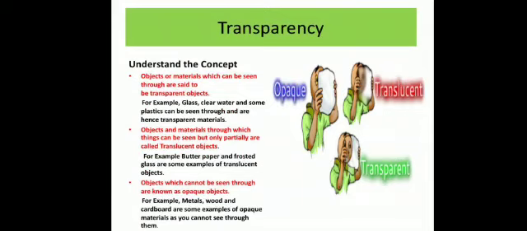The property of a material due to which we cannot see through it clearly, meaning we can see but not clearly, is translucency. And the property of a material due to which we cannot see through it at all is called opaqueness. So materials are classified into three groups: transparent material, translucent material and opaque material.